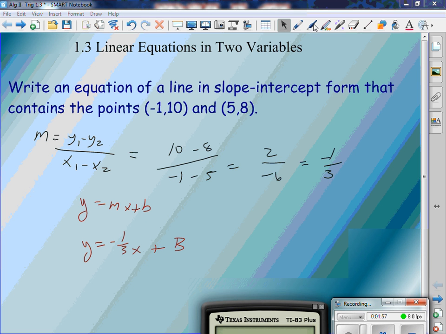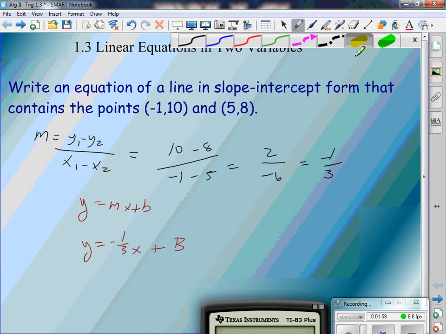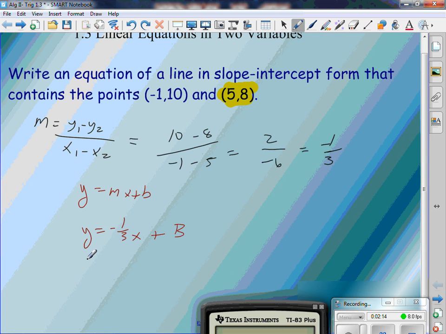I need to pick one of these 2 points from the problem. Pick one of them. We're going to pick (5, 8), and we're going to substitute it into our equation here. What's y? 8 equals -1/3.